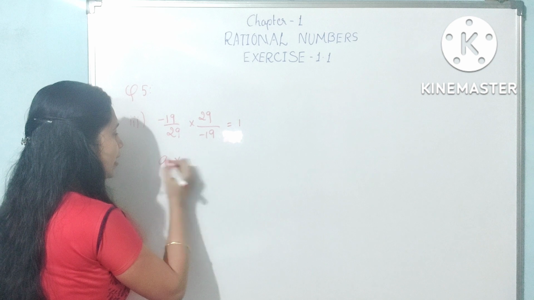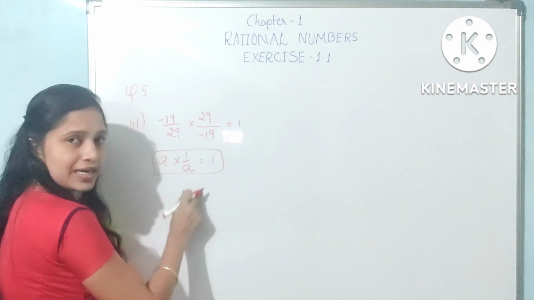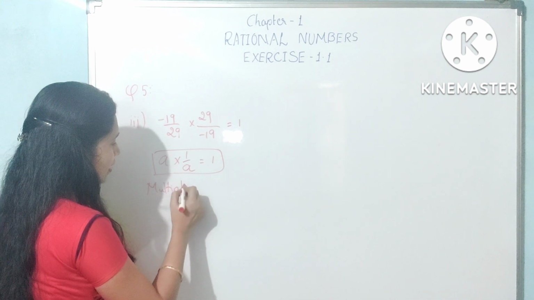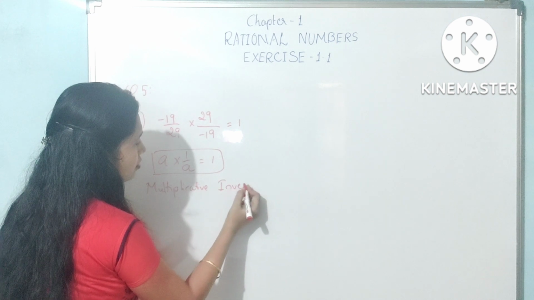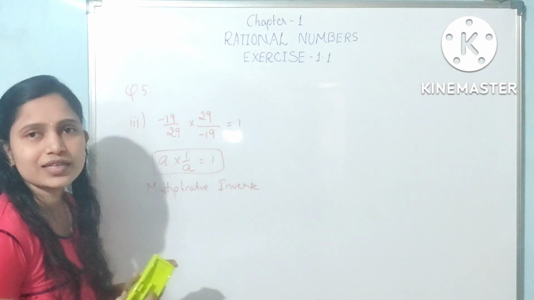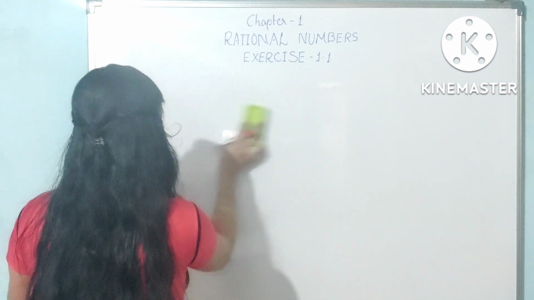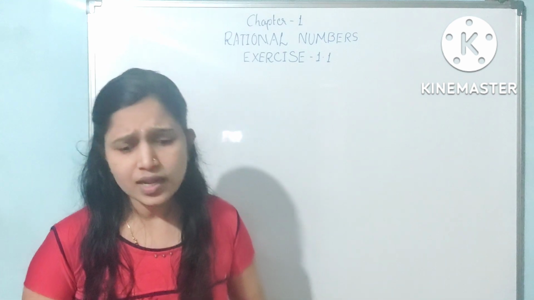What it says: A into 1 by A is equal to 1, right? Correct? Which is nothing but multiplicative inverse, right? Simple, right? Okay. So the next question, Q6.